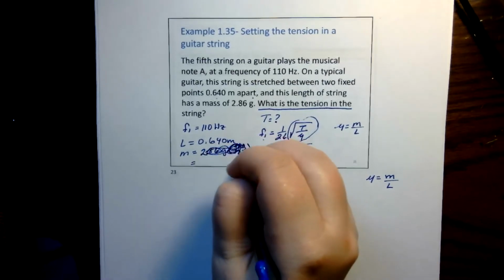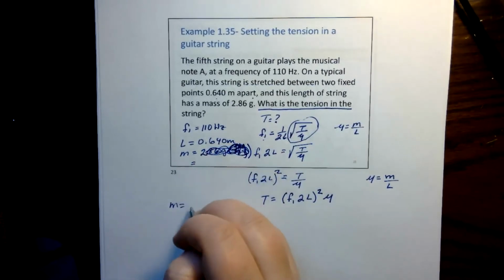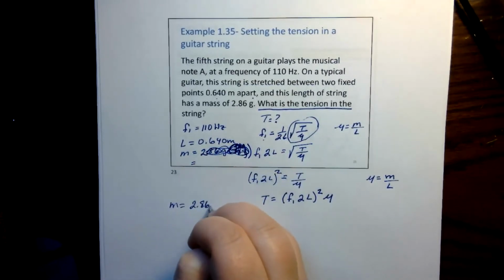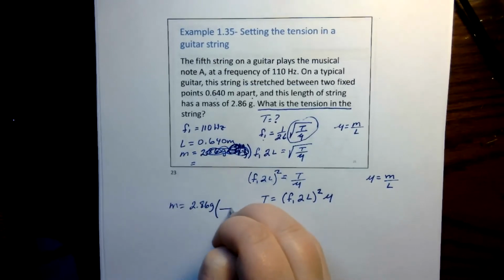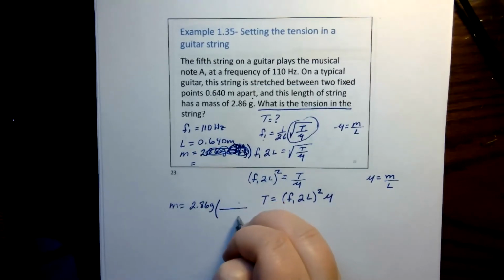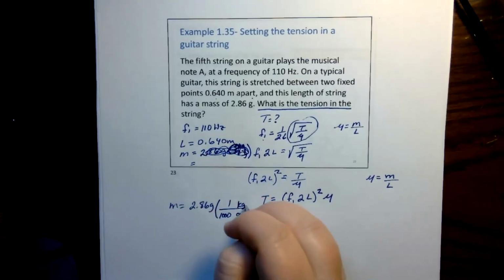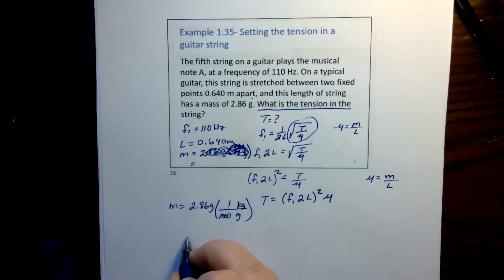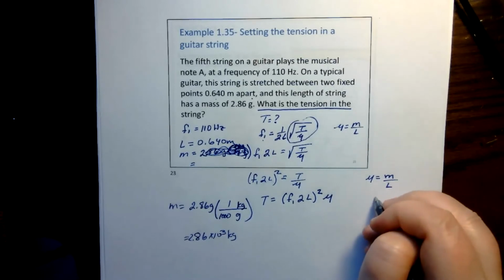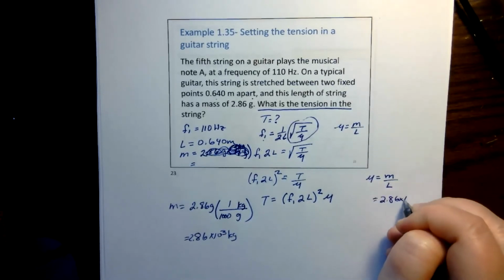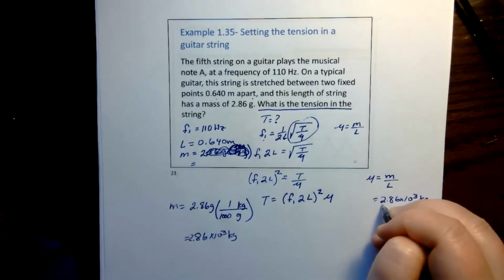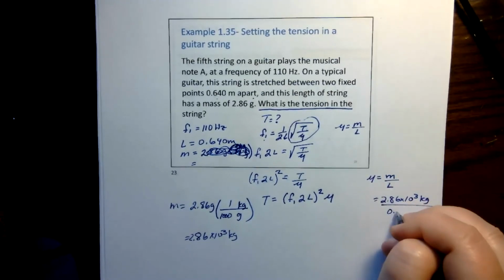I did that backwards, so let's do that again. M is equal to 2.86 grams. We want to go to kilograms, so we want grams on the bottom and kilograms on top. There are 1,000 grams in a kilogram. Which gives us 2.86 times 10 to the negative 3 kilograms.